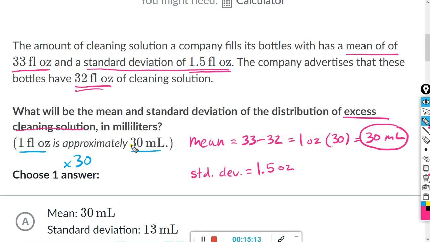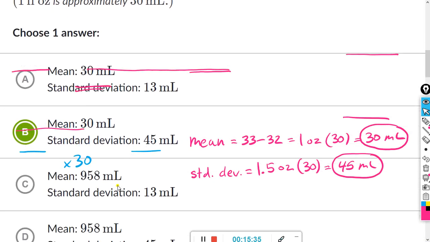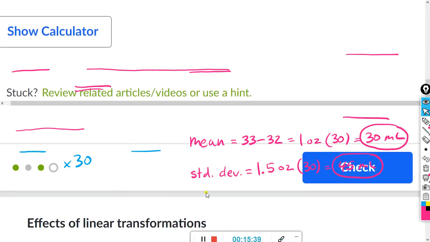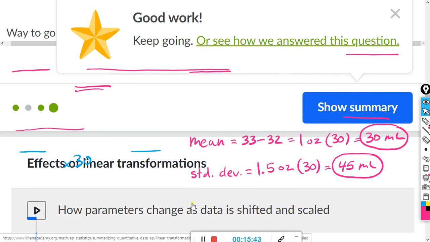So we're going to take that and multiply it times 30. 1.5 times 30 is going to be 45, like we said before. So we're looking at 30 and 45. I hope that's correct. B is the only one with 30 and 45. Okay, terrific.